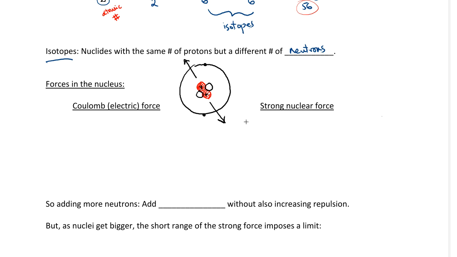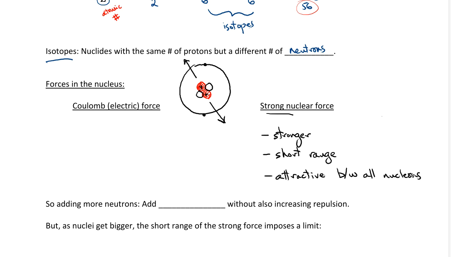Well, it's because there's another force acting in the nucleus, one that might be new to you, called the strong nuclear force. And the strong nuclear force is actually stronger than the Coulomb repulsion between the protons. However, it's a very short range force, so we don't encounter it in our everyday lives. And it's attractive between all nucleons. So protons attract other protons, neutrons attract other neutrons, and protons and neutrons attract each other, all by this strong nuclear force.